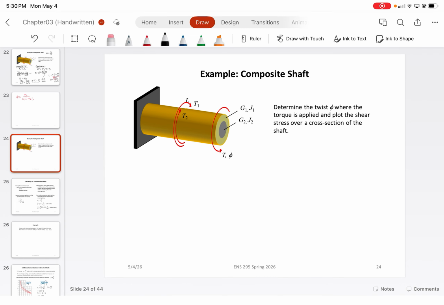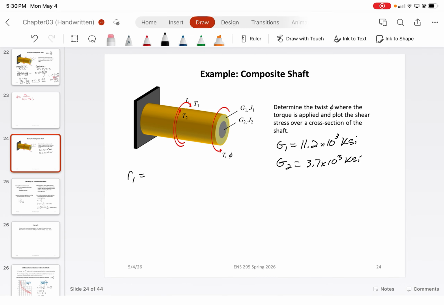All right, so let's assume first that steel has G1 equal to 11.2 times 10 to the 3 KSI, and G2 is less stiff, being 3.7 times 10 to the 3 KSI.